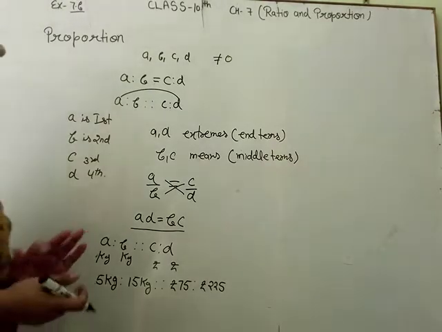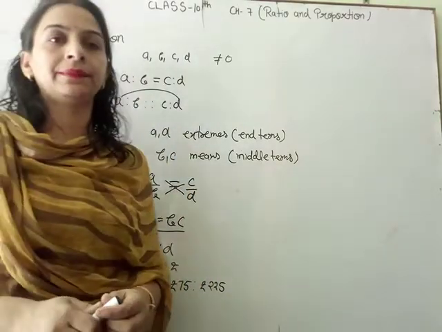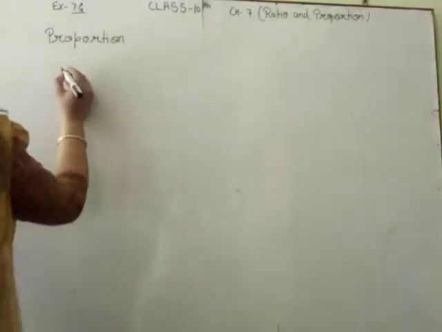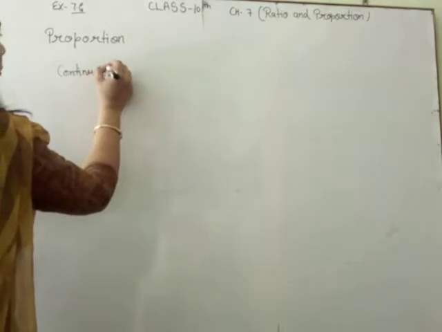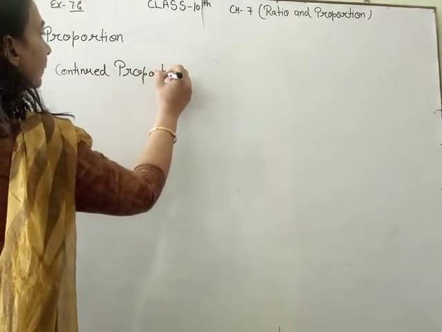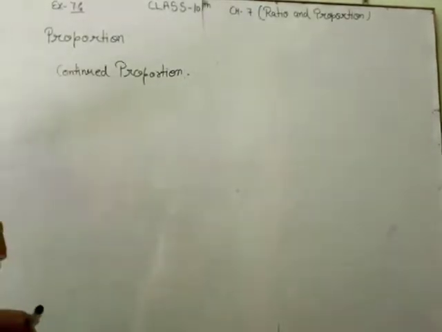Next, if we have only three terms, then this is the next point: continued proportion. What is continued proportion? In simple proportion there are 4 quantities.